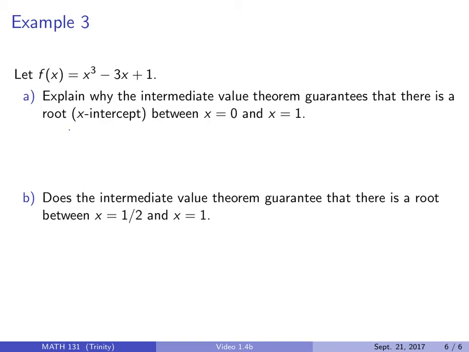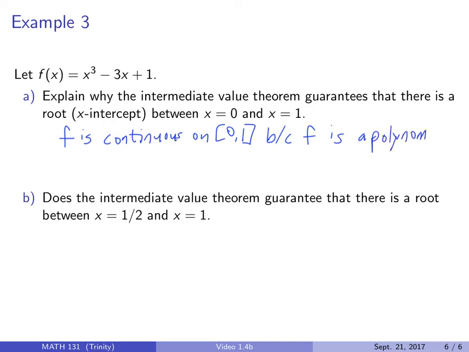To use the intermediate value theorem, I first need to check that f is in fact continuous on the closed interval from, in this case, 0 to 1. But this is true because f is a polynomial, which are continuous everywhere. So it's definitely continuous on the closed interval from 0 to 1.